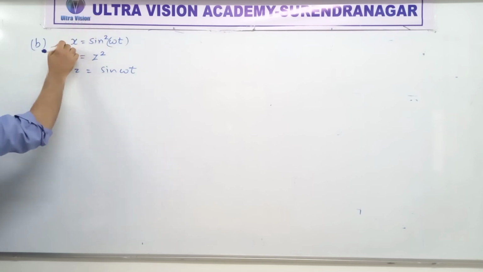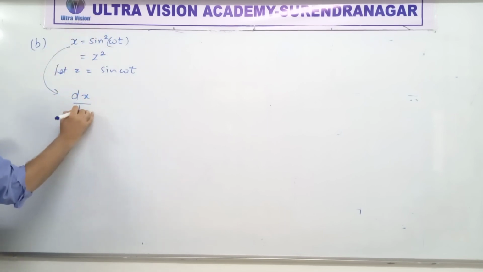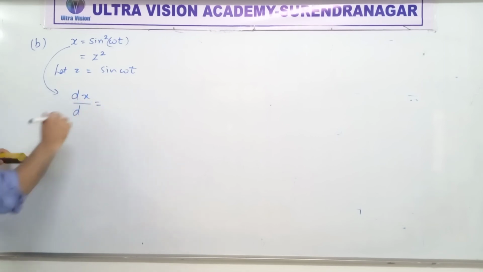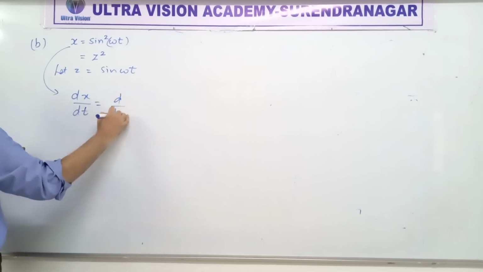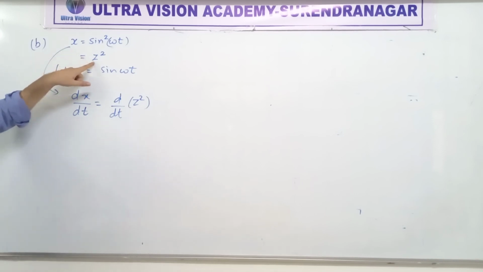Now if I start doing differentiation, dx by dz. Oh, never mind, let's do dx by dt. First of all, dx by dt will be equal to d by dt of z square. Did you understand this step? Putting x value as z square, nothing else.